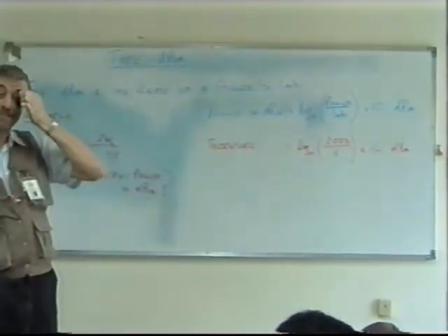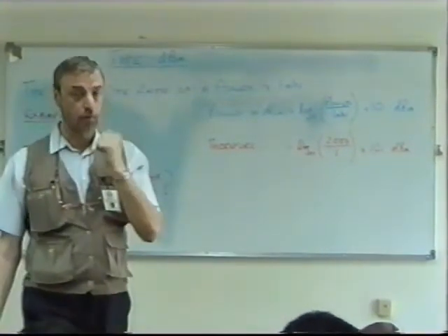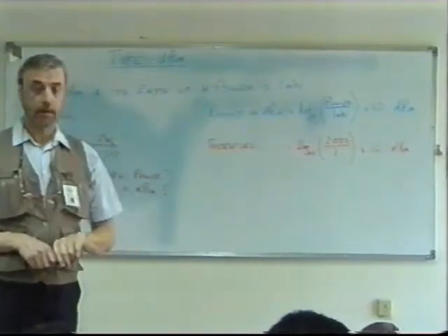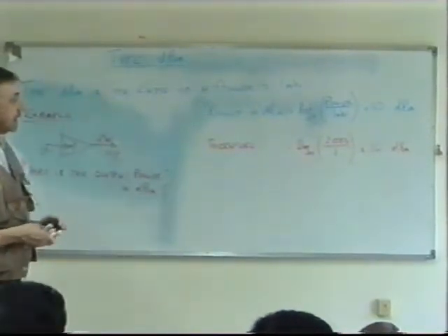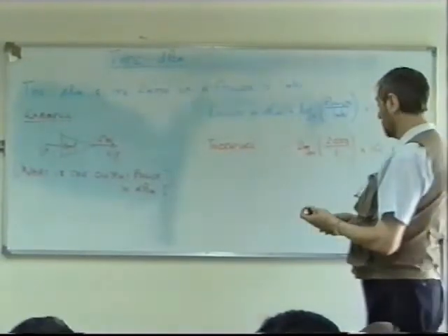So 33 dBm. The little m tells you it is with reference to 1 milliwatt. Let's work it out.